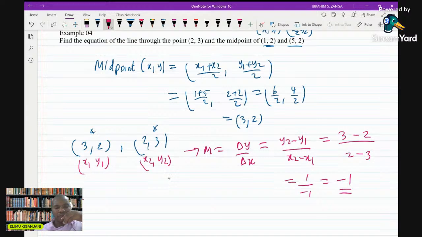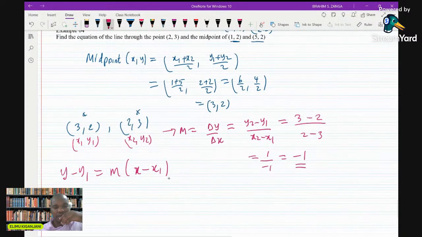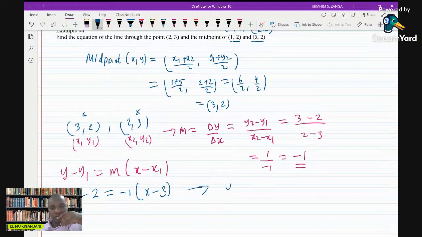From the equation y minus y1 equals to m times x minus x1. From this equation here, now we have y minus y1, y1 is 2, negative 1 in the bracket, x minus x1, 3. Well, we'll be having y minus 2 equals to negative x plus 3.